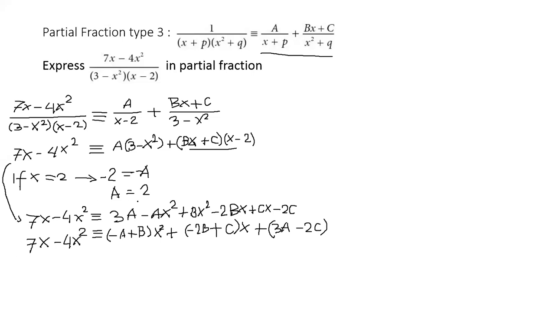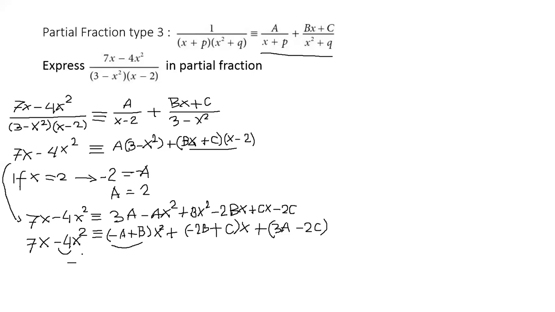Recall that a equals 2. The coefficient of x squared here is negative a plus b, while the coefficient of x squared on the other side is negative 4.